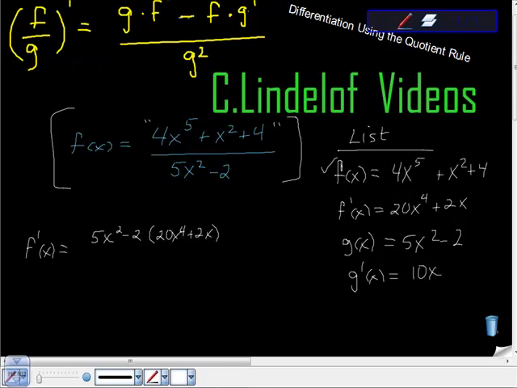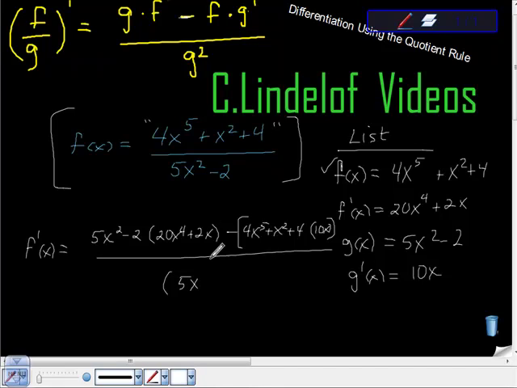It says here we're going to subtract, so there's our subtraction sign, minus top function, which is 4x to the fifth plus x squared plus 4, all times the derivative of the bottom function. And the derivative of the bottom function is 10x, isn't it? All over the bottom function squared.